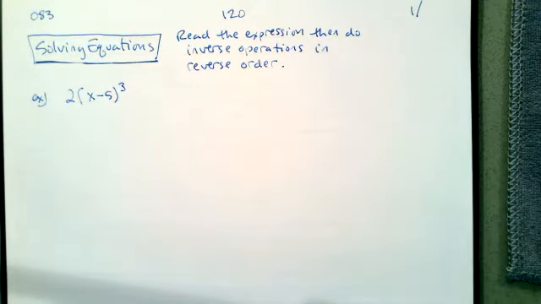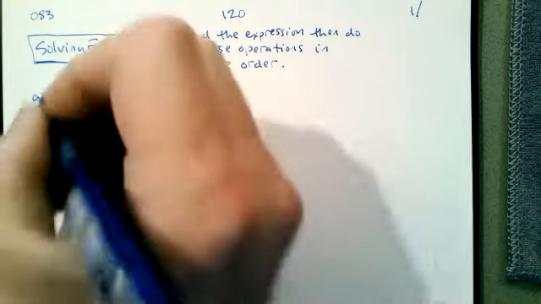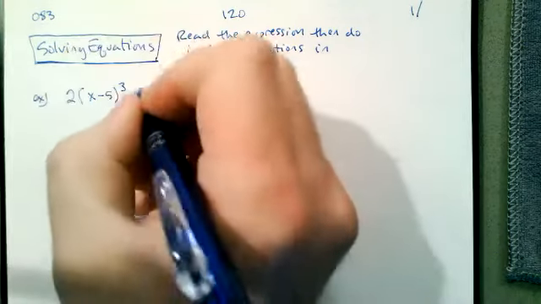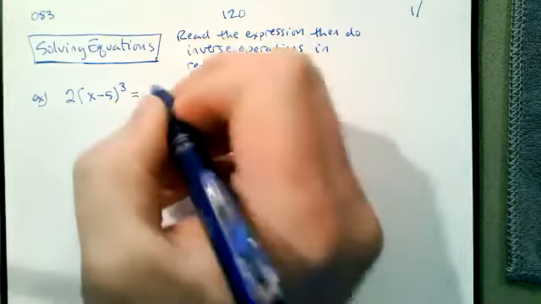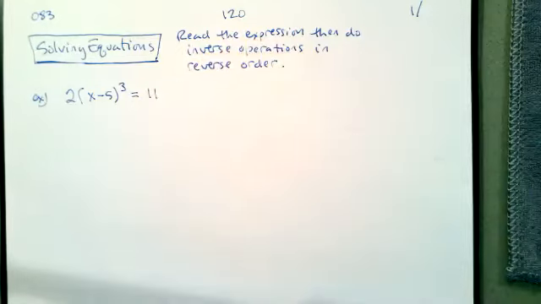More like 2 times the cube of the difference between x and 5. And let's suppose that this is equal to 11. I was using 10 yesterday, so it's time to use 11 today.